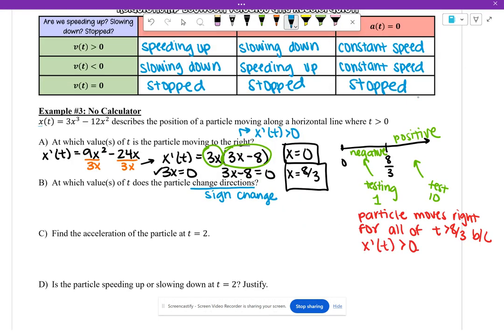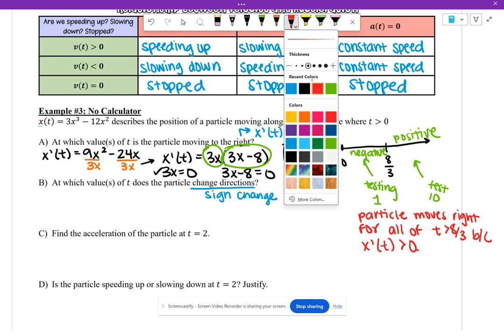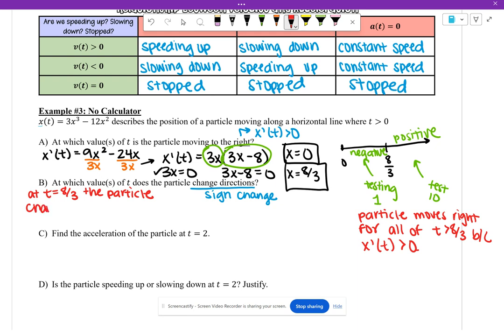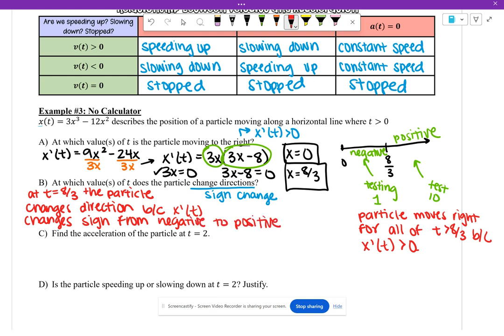So there's a sign change at time equals 8/3, because the sign changes from negative to positive. So at t equals 8/3, the particle changes direction because x prime of t changes sign from negative to positive.